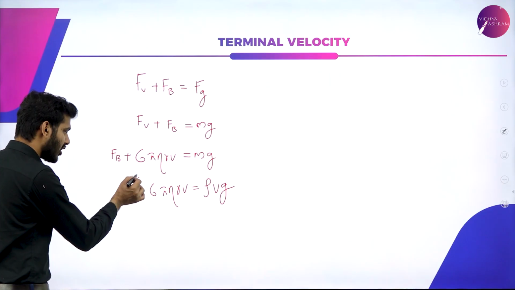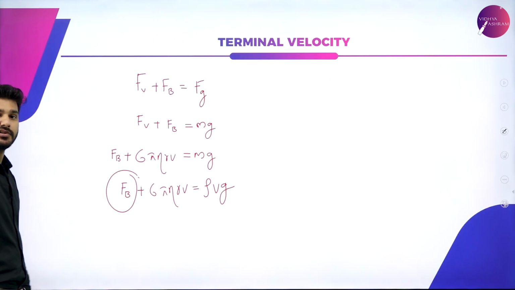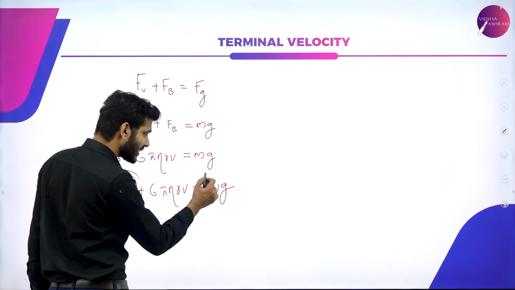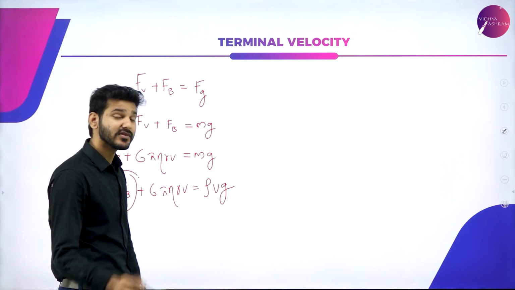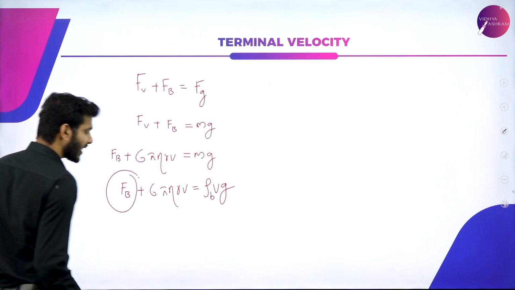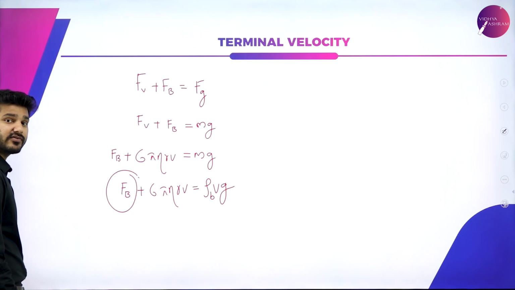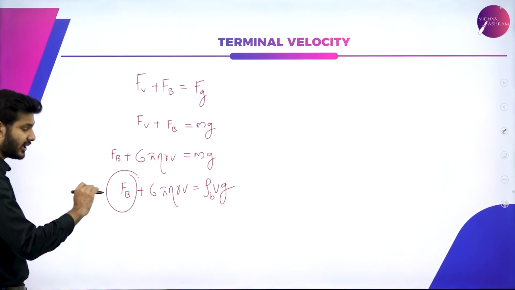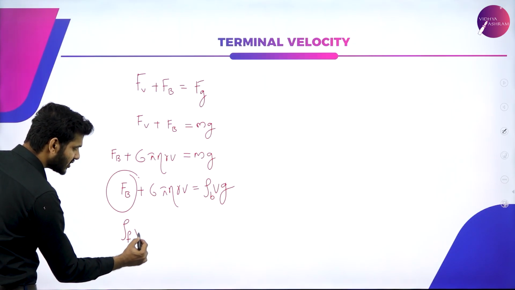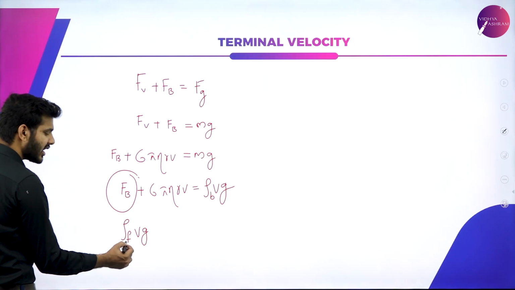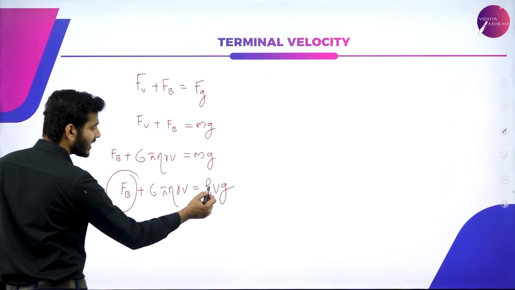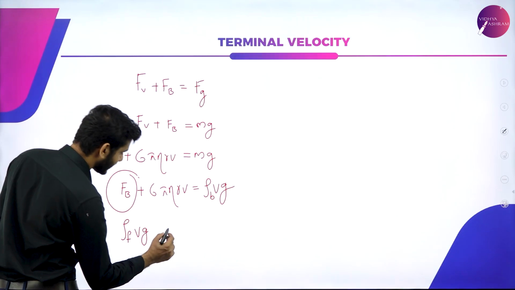Now I'll tell you what Fb actually is. Fb has the same value as this particular rho Vg. The only difference is that this is because of the body and this particular force is because of the fluid medium. So we can say that this also is rho Vg, but it is rho F Vg, that is because of the fluid medium, and this is because of the body itself.